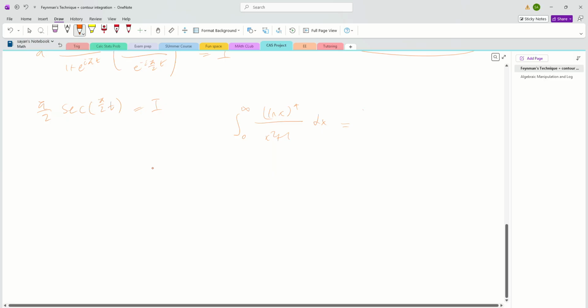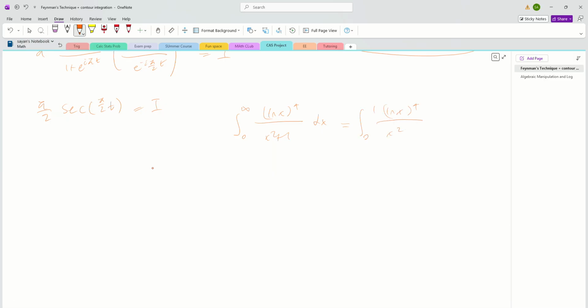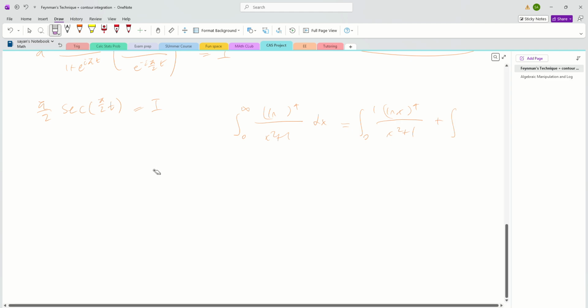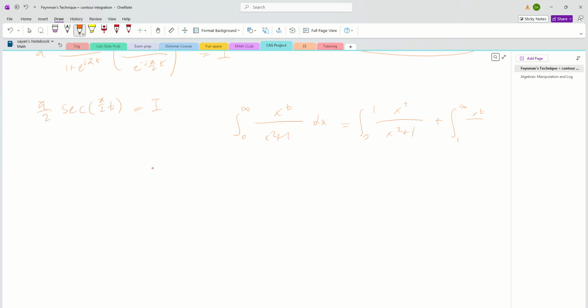So we can split this up into 2 separate integrals: our target integral, but then also, sorry, what am I doing, x to the t, like this. So all I did here was partition it from our bounds and this new bound.